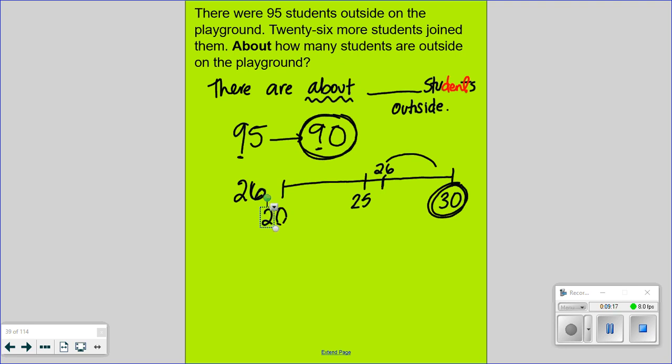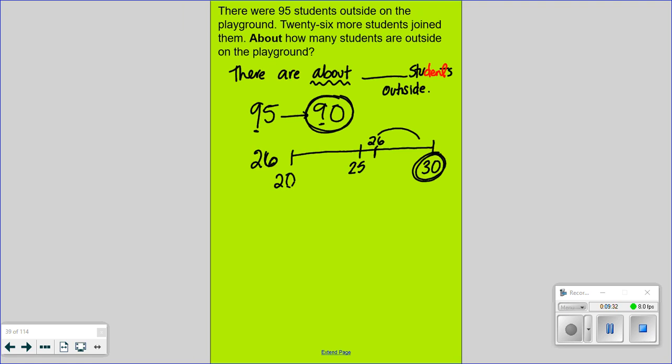30 more joined. What math operation would I use to figure that out? I had about 90 kids, and then 30 more came out. What math operation would I use to figure that out? Addison? What math problem? Nope. What math operation?